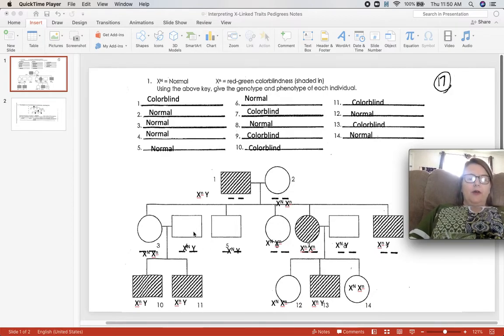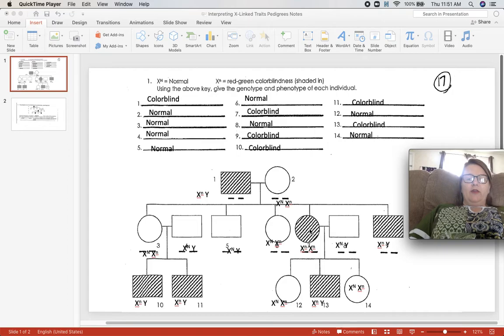So these are both normal. Again, X capital N Y, that's easy. This female, X capital N, X lowercase n, because again, she also got the X lowercase n from her dad, and then she had a son who was X lowercase n who got that from her, because he got his Y from his dad.